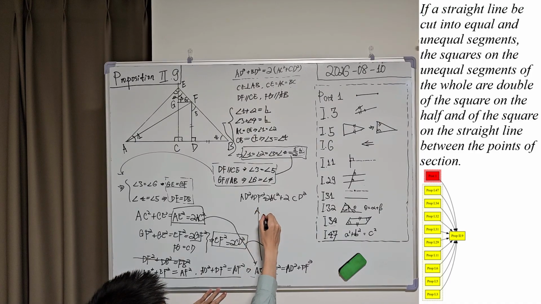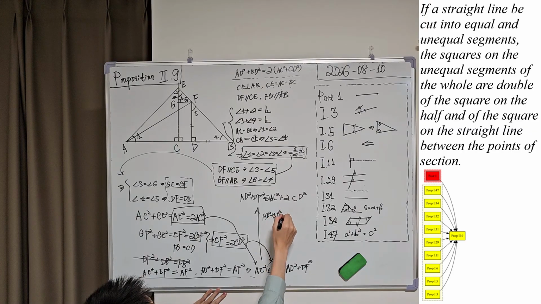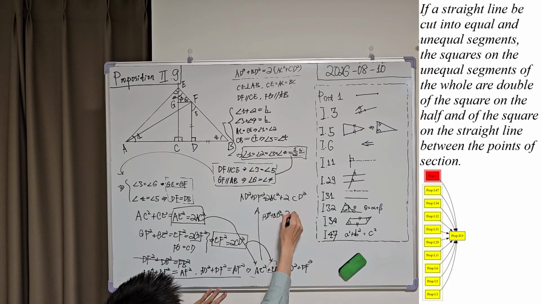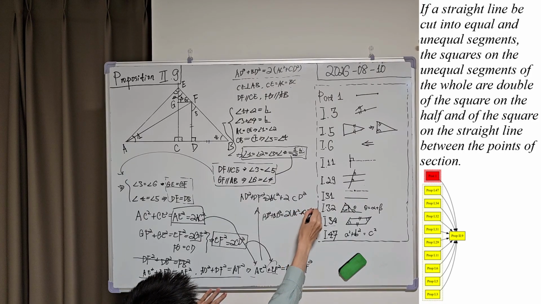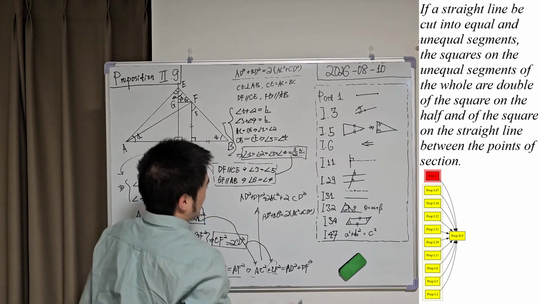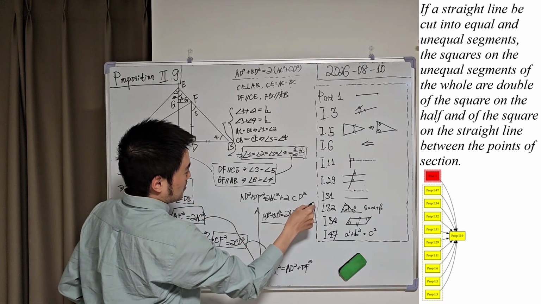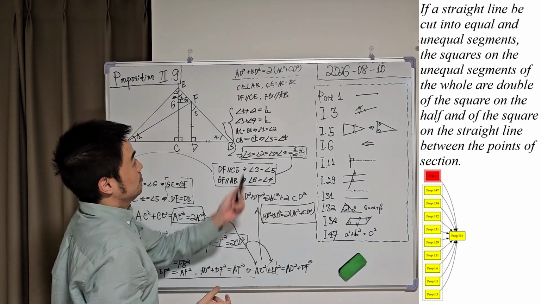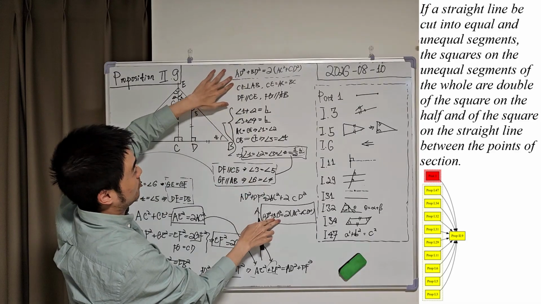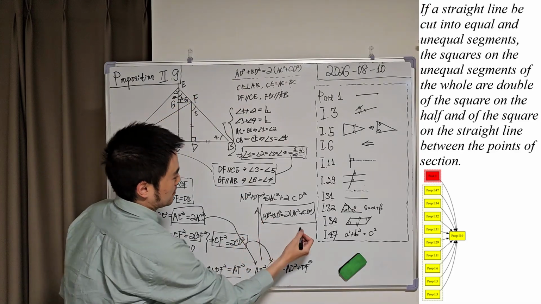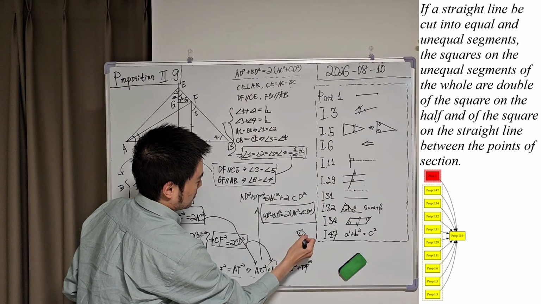So we know that AD square plus BD square will be equal to twice AC square plus CD square. Okay, and this is the proposition we are trying to prove. See, they are equivalent. So I think this is the end of the proof.